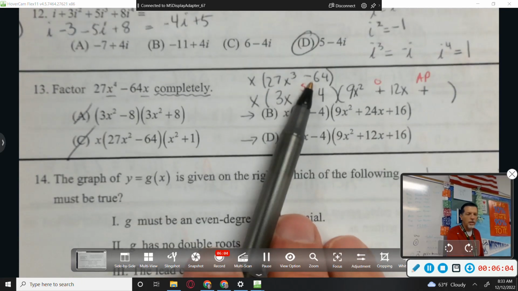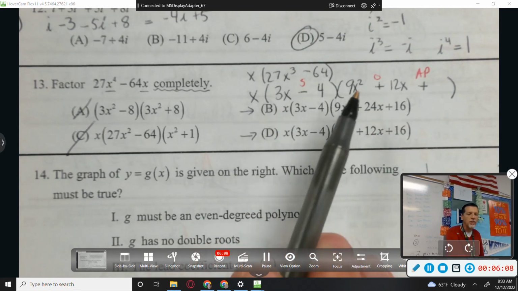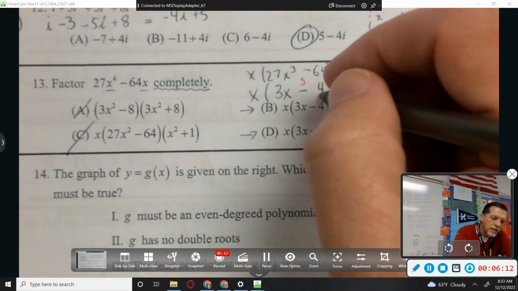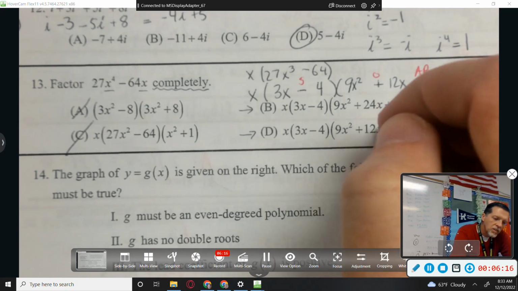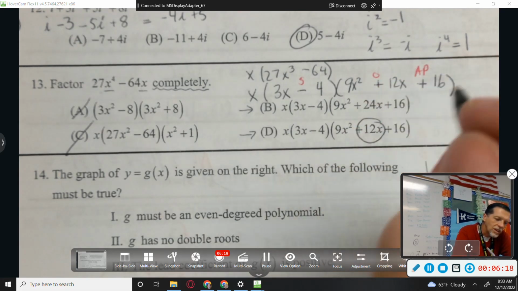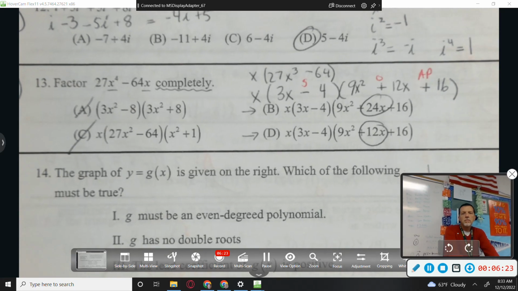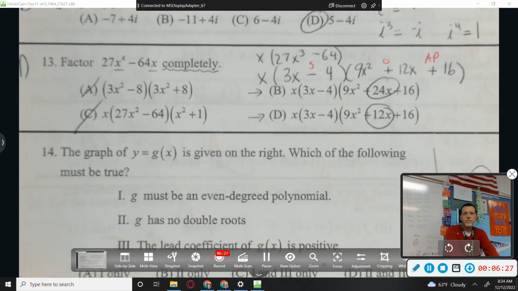Some people overcompensate with the sign, like, aha, negative 4 times 3. Nope, SOAP takes care of the sign. And then we square 4, and we get 16. So the answer is D. I don't know where you get 24 from.